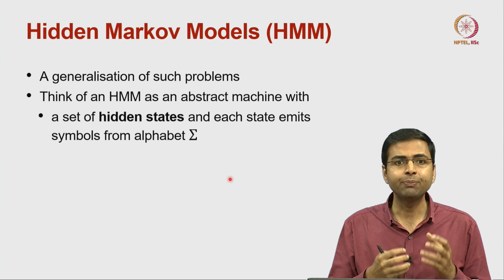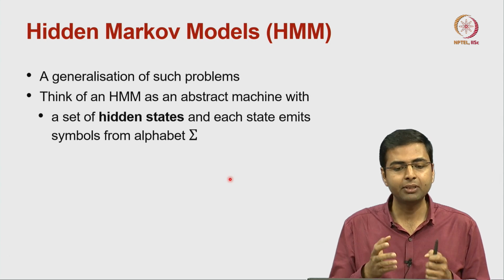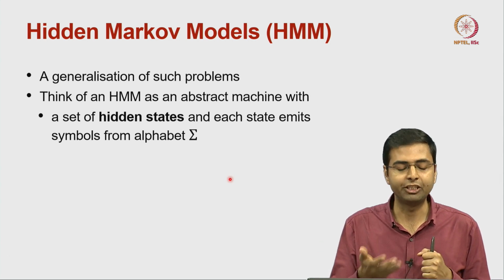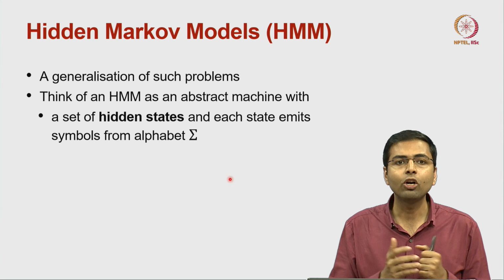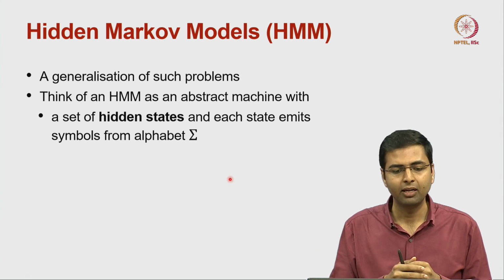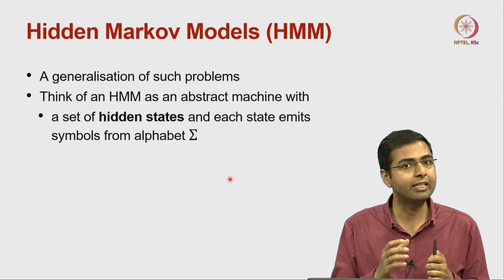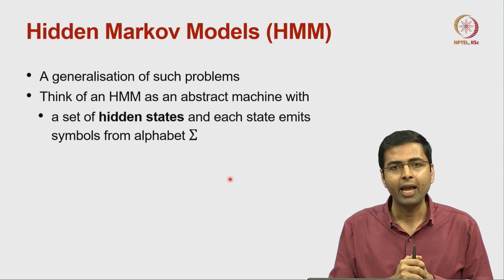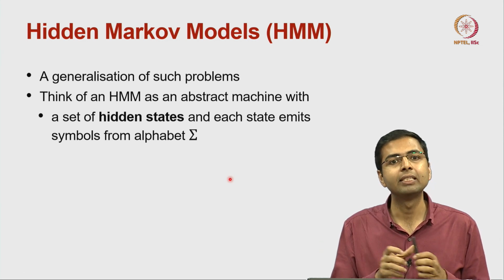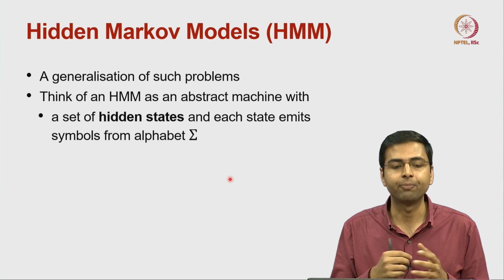For such problems the HMMs serve as a generalization. Now think of a hidden Markov model as an abstract machine with a set of hidden states, and each state emits symbols from alphabet sigma.